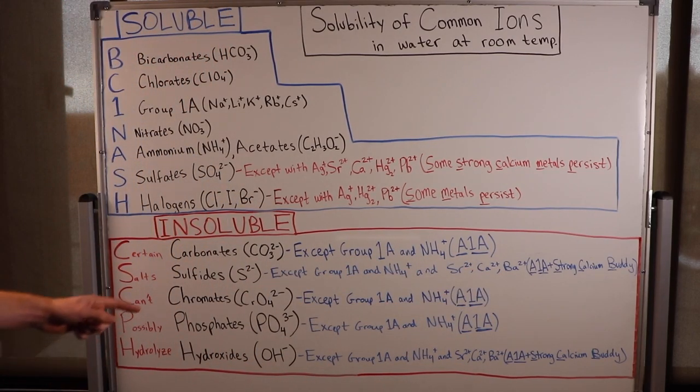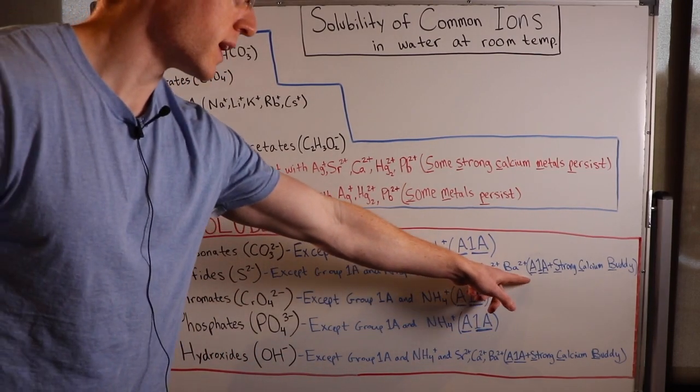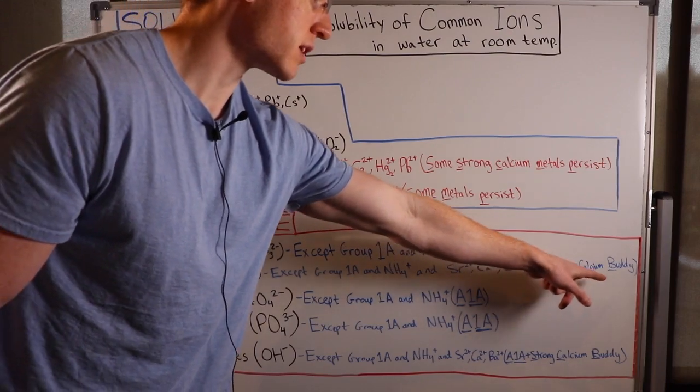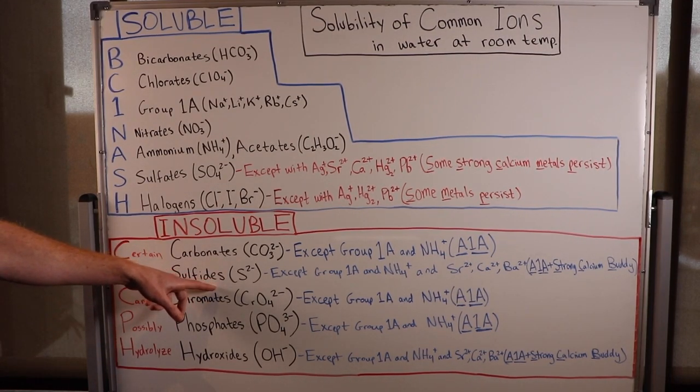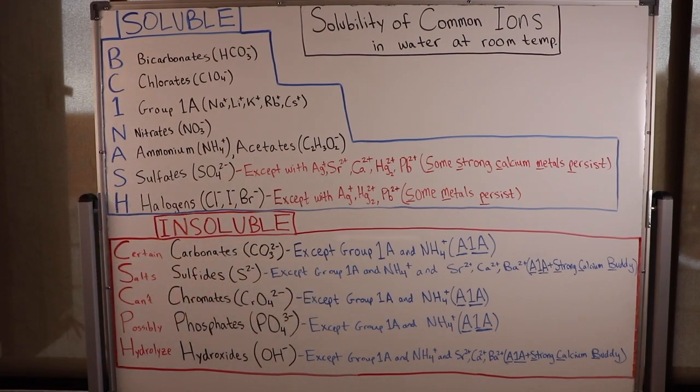The mnemonic for remembering this exception is A1A plus strong calcium buddy. So if it's got strontium, calcium, or barium bonded to that sulfide, it will be soluble. Similarly, if it's got ammonium or a group 1A element attached to the sulfide, it will be a soluble salt.